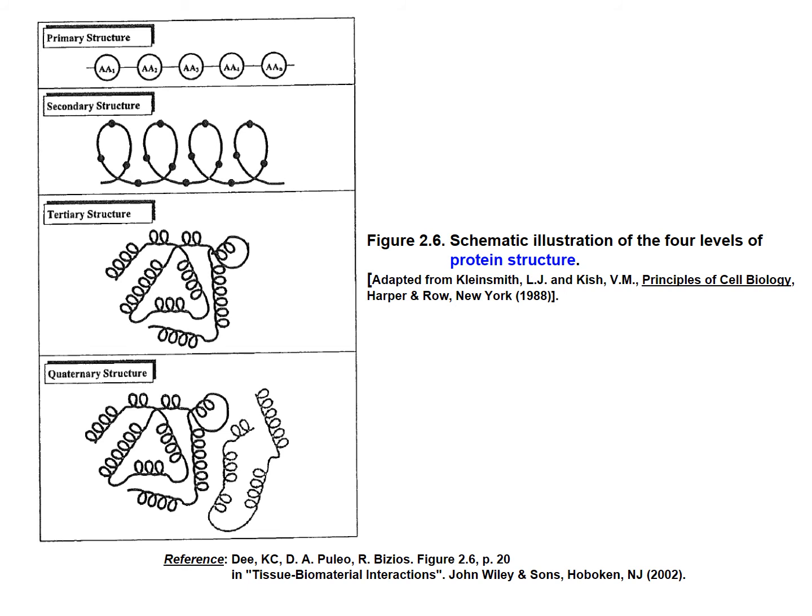We mentioned that amino acids are the building blocks of proteins, and figure 2.6 from the textbook gives a schematic illustration of how we get the formation of a protein, starting with the building blocks, the amino acids. The first part of the figure, entitled primary structure, shows a string of amino acids connected with each other.